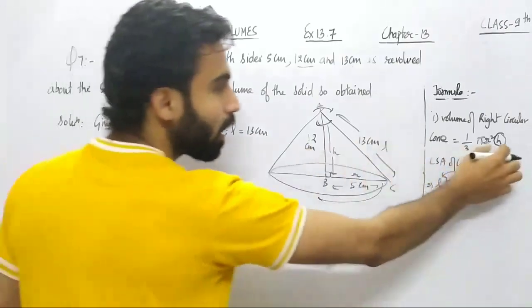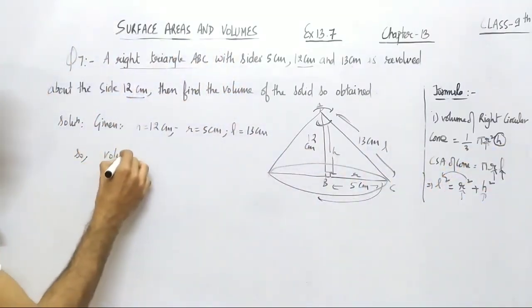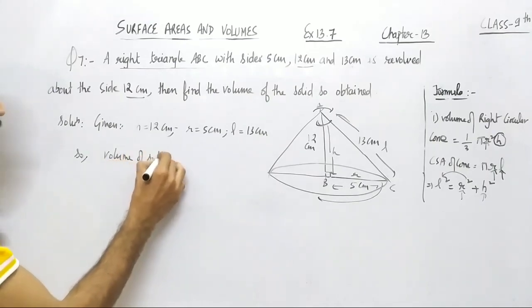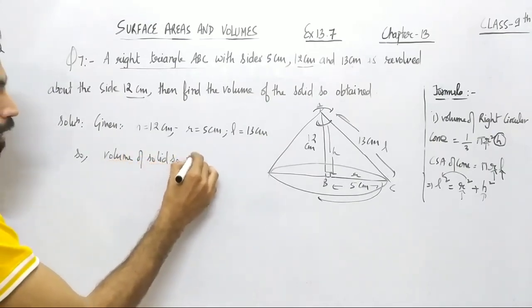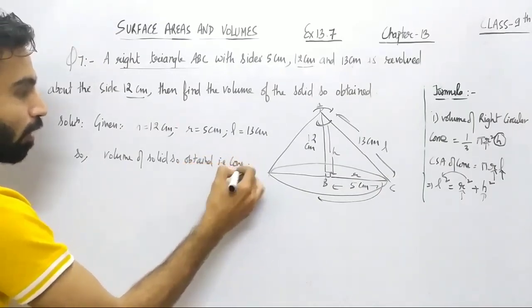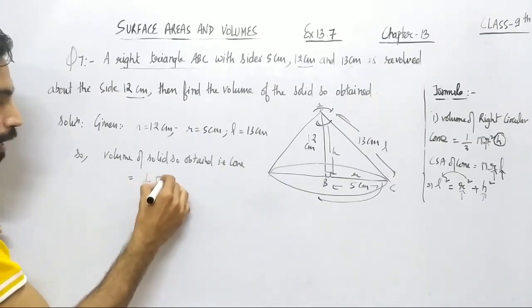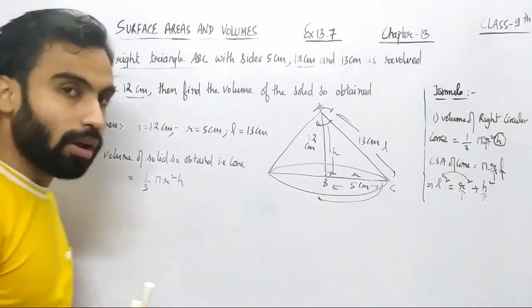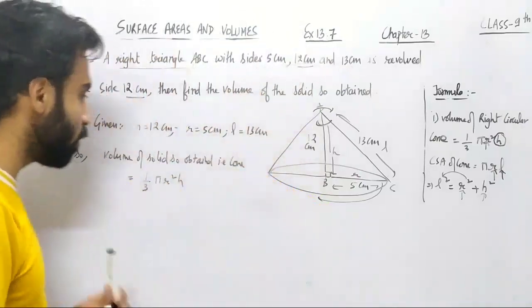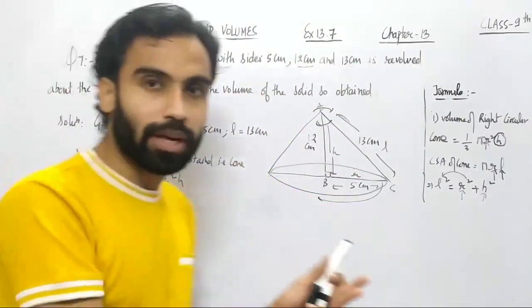Now from height and radius we can easily calculate the volume. So you can see the volume of the solid so obtained, that is the cone, how will it be found, 1/3 pi r square h, right. Now let me tell you, if you want, you can substitute the value of pi as 22/7, then you can solve it and you will get the volume.